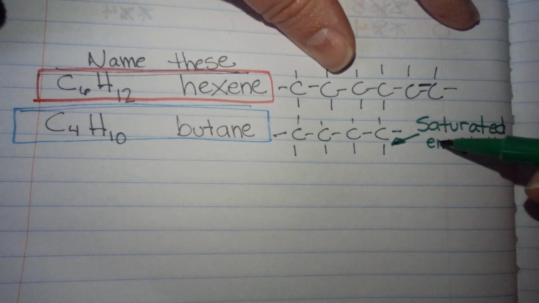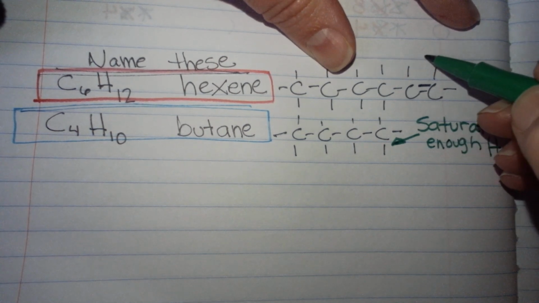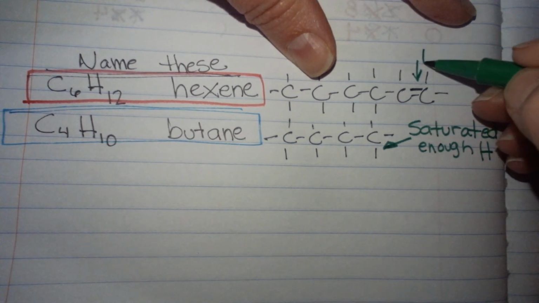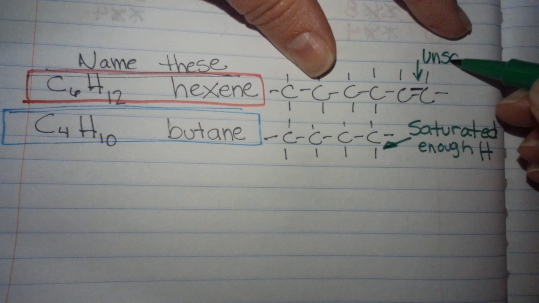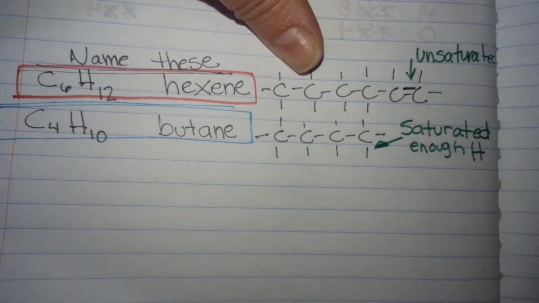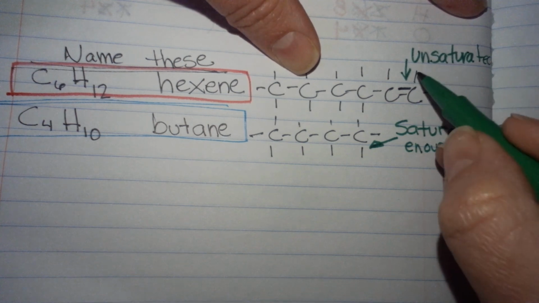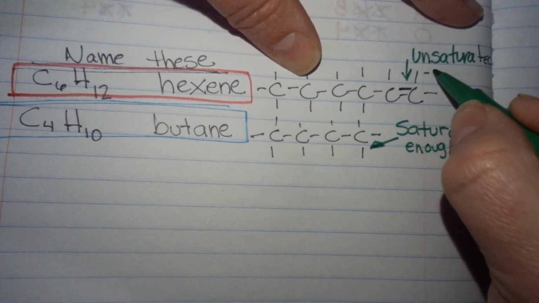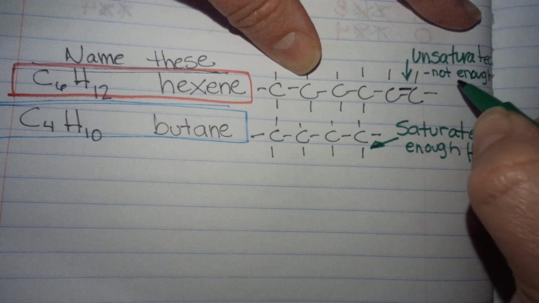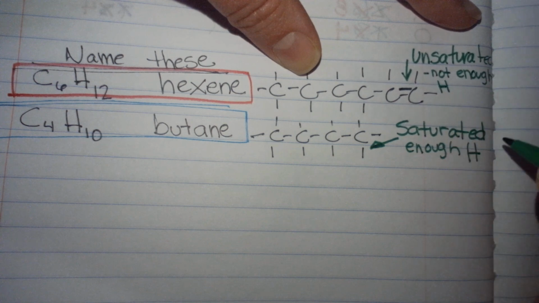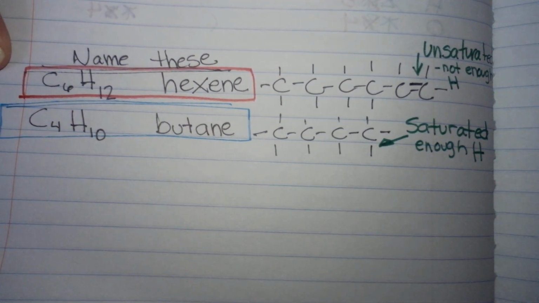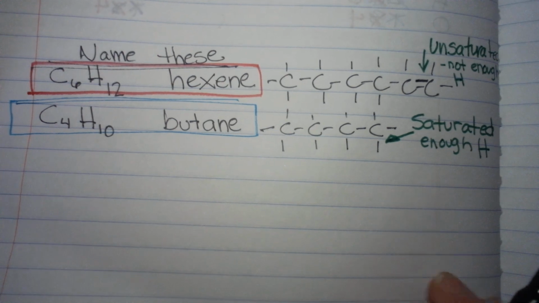This one, okay, if this is saturated, what do you think this one's called? Unsaturated. Right. And so you probably have heard things like unsaturated fat, right? That's where this word comes from. So that's great. This is unsaturated, not enough hydrogen. It's going to cause kind of kinks in the chain.